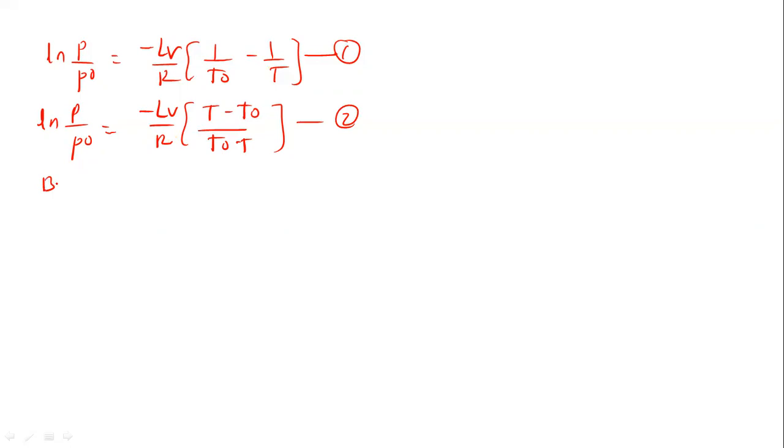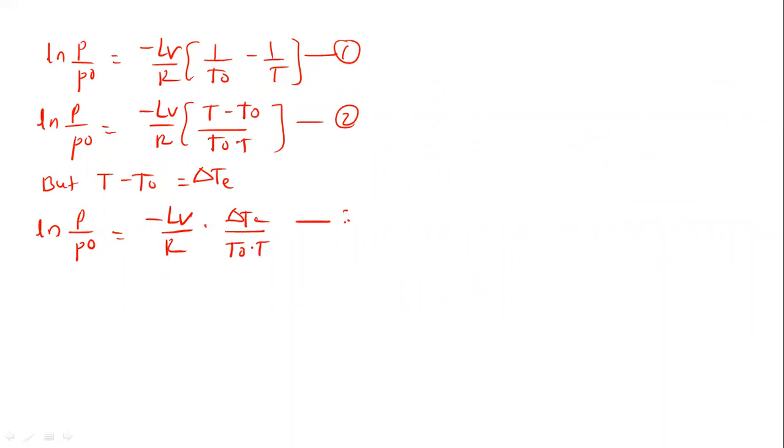But we know that T minus T0, that is the boiling point of the solution minus the boiling point of the solvent, is equal to delta TE, the elevation in boiling point of the solvent. So equation 2 can be modified as ln P/P0 = -LV/R × delta TE/(T0 × T). Okay, this is equation 3.